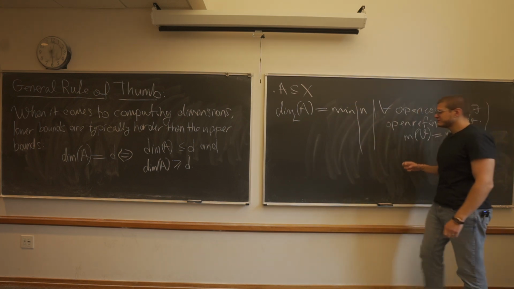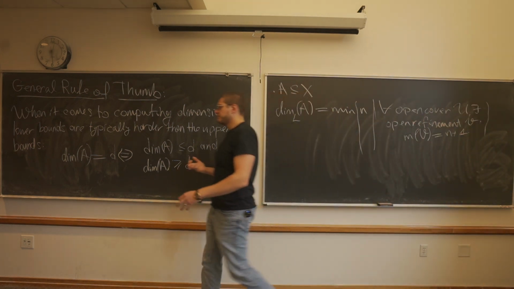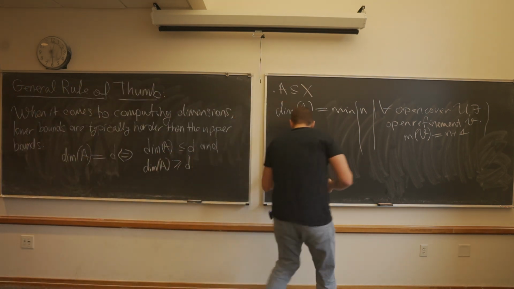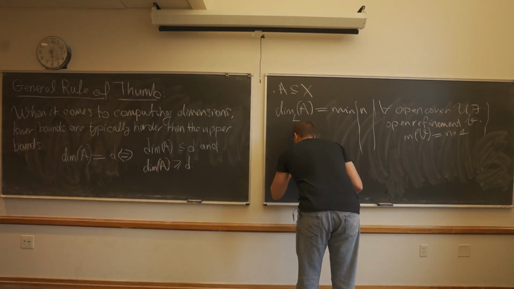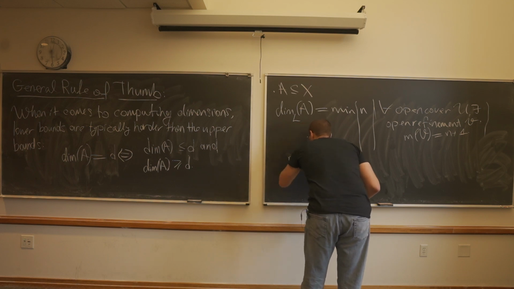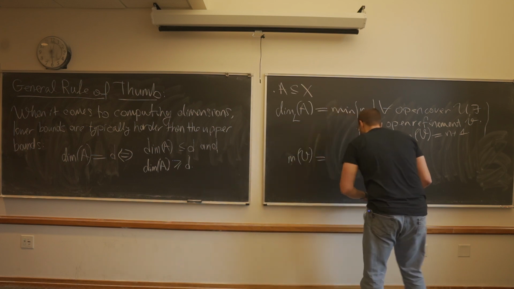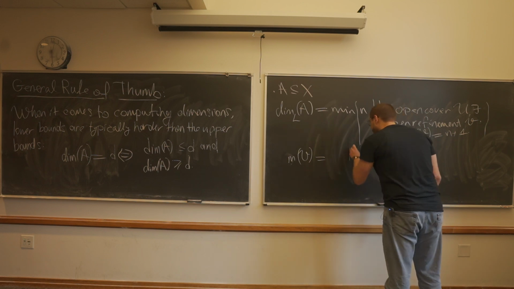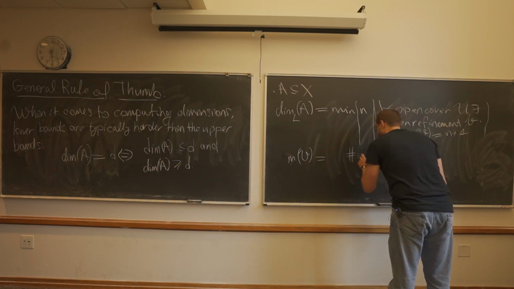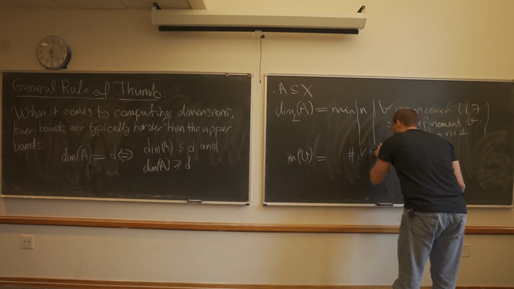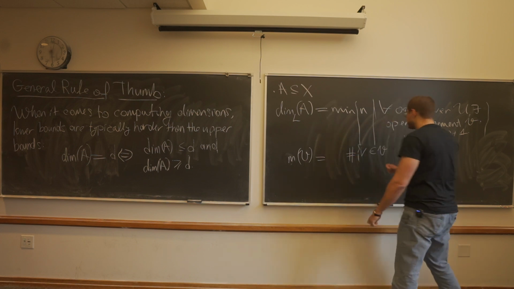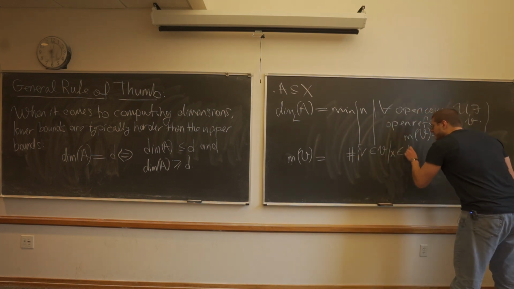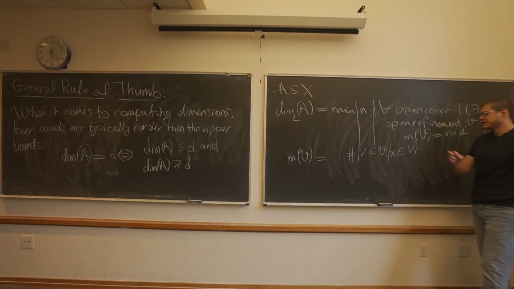And so what was the multiplicity? Well, it was basically the number of intersections. I fix initially a point x, and then I look at the number of v's, so subsets, in this cover, such that x hits v.